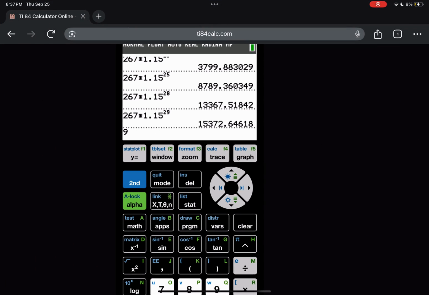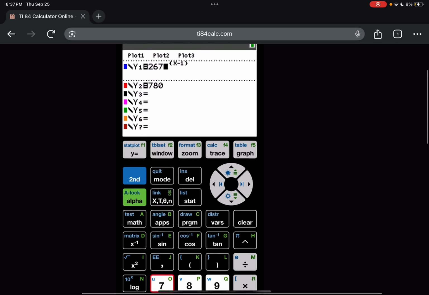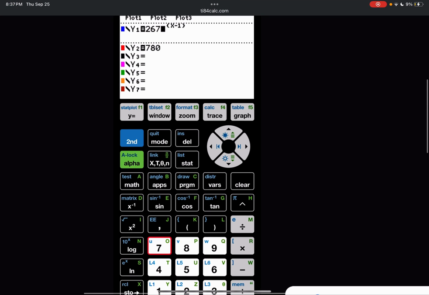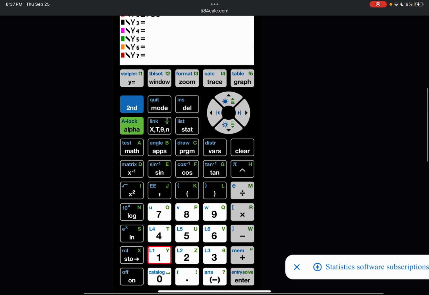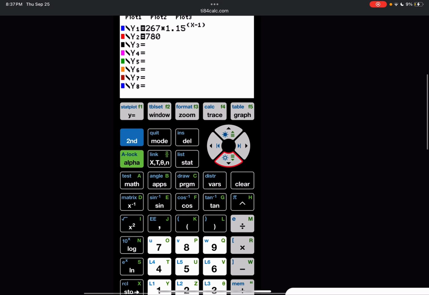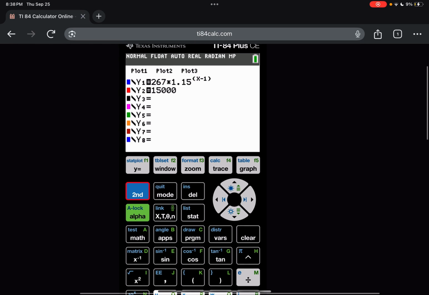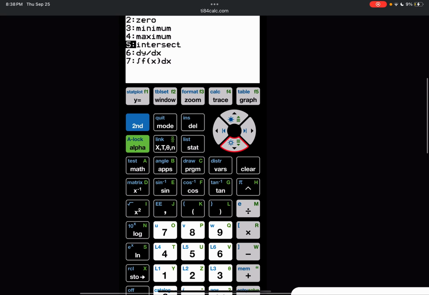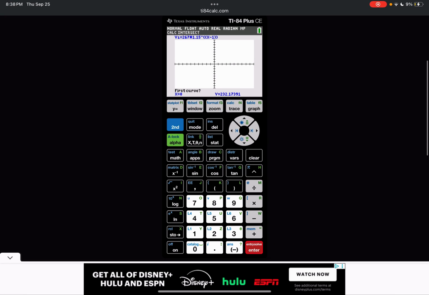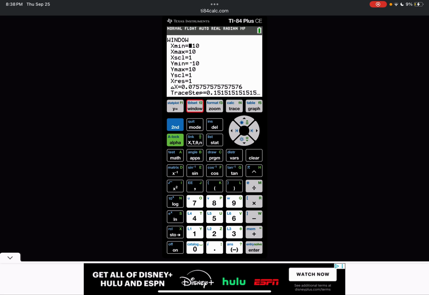All right, and let's see if we can do that the other way. So let's plug our function into our calculator here, just like that. And now in y2, we're going to want to put 15,000. And then we want to do our intersect function. If you get this error, I find that generally means that your window is not big enough.